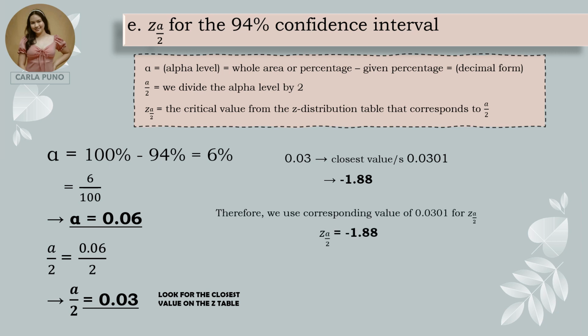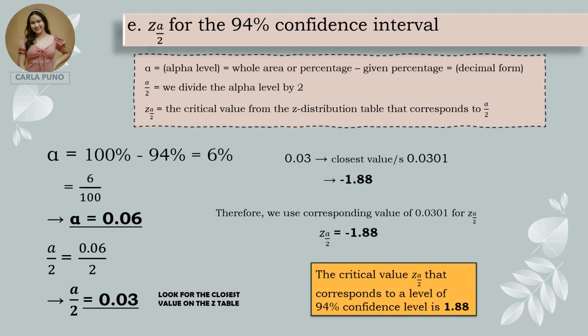Therefore, we use the corresponding value of 0.0301 to solve for z sub alpha divided by 2. Therefore, we have negative 1.88. Our answer will be the critical value z sub alpha divided by 2 that corresponds to a 94% confidence level is 1.88.